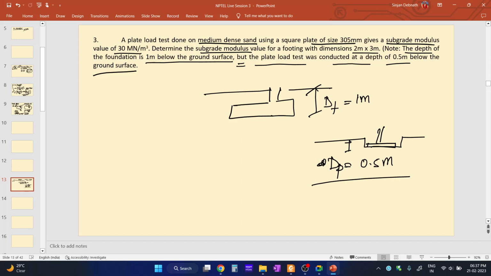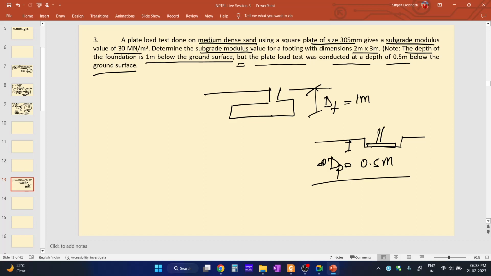So for this problem also, we need to incorporate the depth effect in such a way that it incorporates the influence of depth. See, the depth of the plate here is 0.5 meter. In the last case, the plate was on the surface. But in this question, the depth of the plate is 0.5 meter.